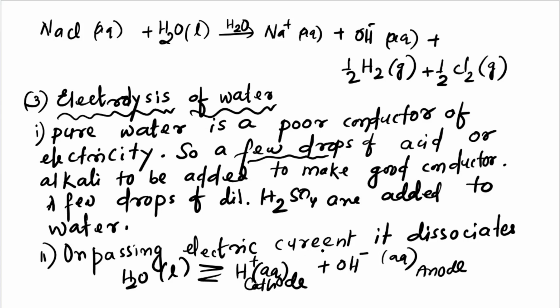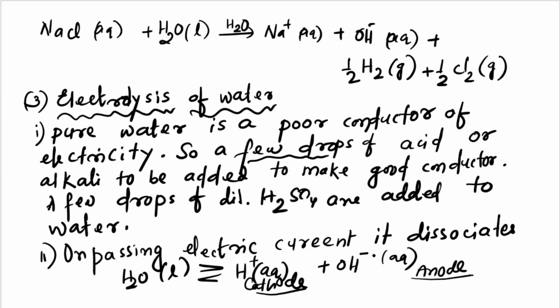On passing electric current, it dissociates into H plus aqueous and OH minus aqueous. H plus goes to the cathode and OH minus to the anode, and with the reversible sign, when H plus and OH minus combine, they give water liquid.